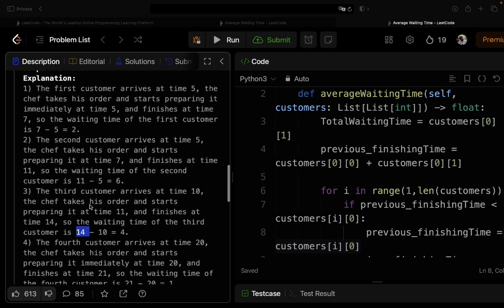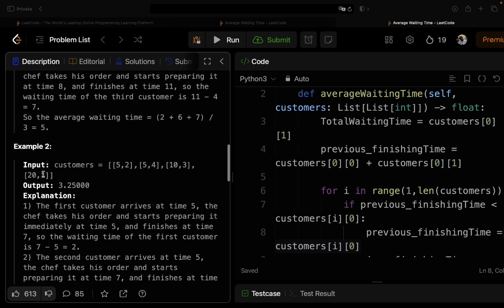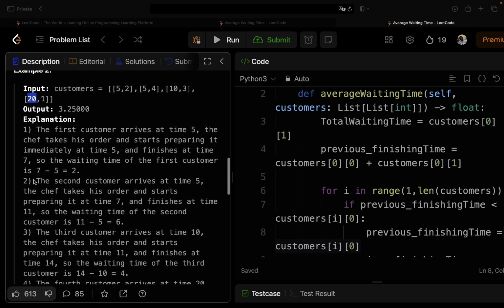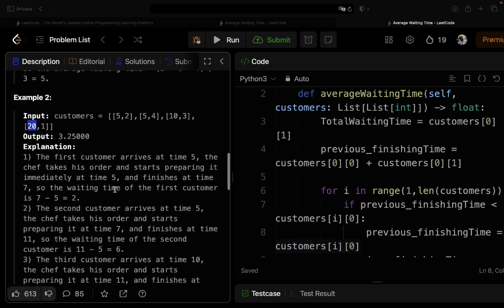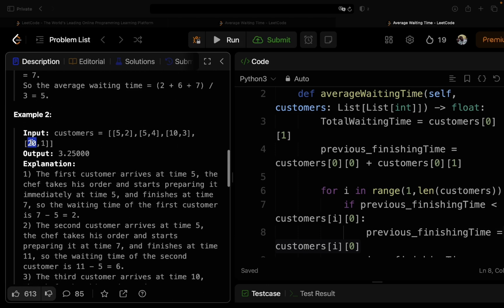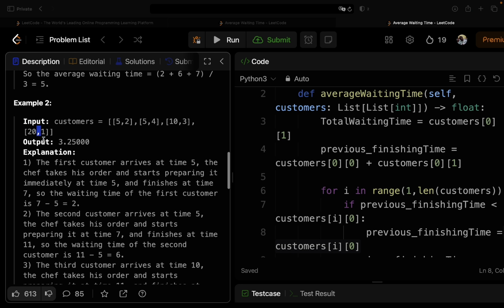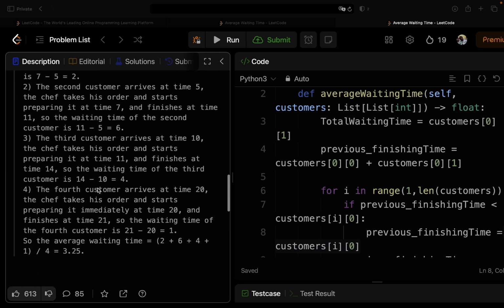So the previous finishing time is 14, but this customer is arriving at 20. You can see 14 is less than 20. So we have to update the previous time to be 20. Then we'll add 1, to make it 21.